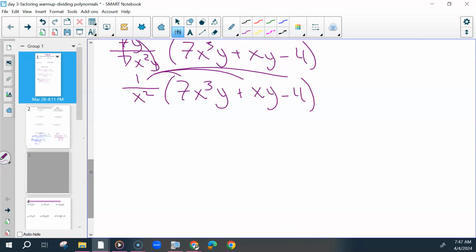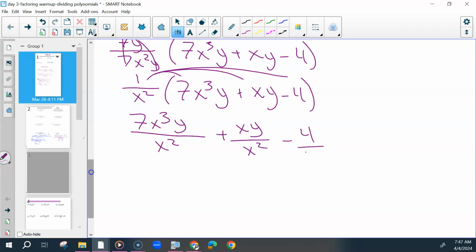We have 7x. I'm just going to write it like this, and then we'll simplify: plus xy over x squared minus 4 over x squared. I'm showing each step so you don't get lost. You could have simplified at the same time. Then I could simplify both of these.